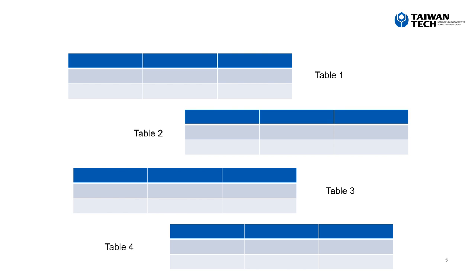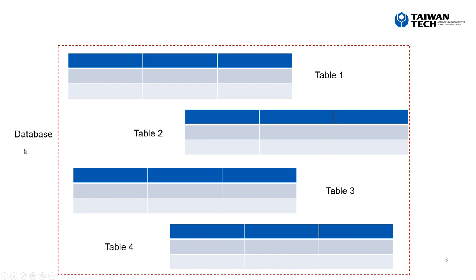Relational database. And there are so many tables, and I will call this a database. So first of all, you need to create your own database. For example, today I can create a database for students. My table 1 I can create for student scores, table 2 for student information, and table 3 for other things, maybe student clubs.